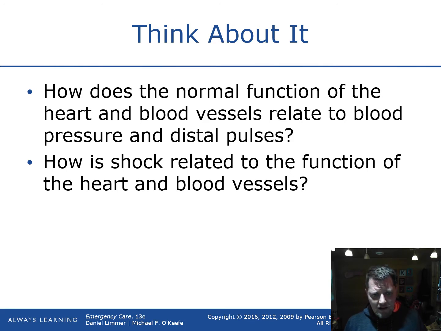And blood pressure. How is shock related to the function of the heart and blood vessels? We talked about that. If we've got vasodilation where the blood vessels are huge, there's not enough fluid to go through them. And sometimes we have normal vessels, and those vessels are just normal, but there's not enough fluid to go through them. All right.